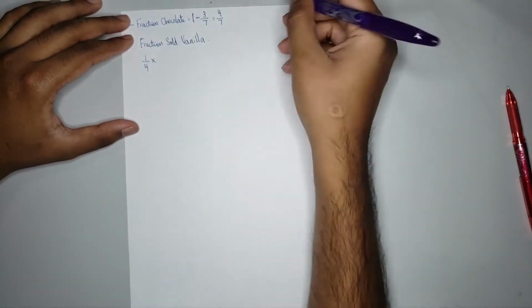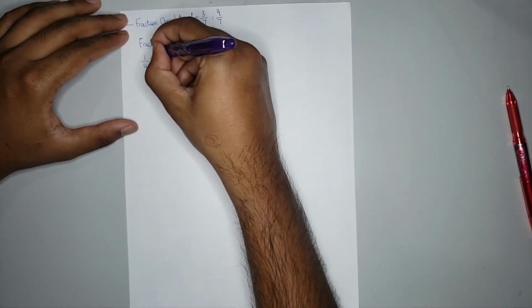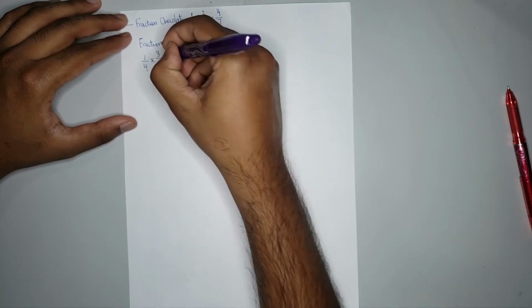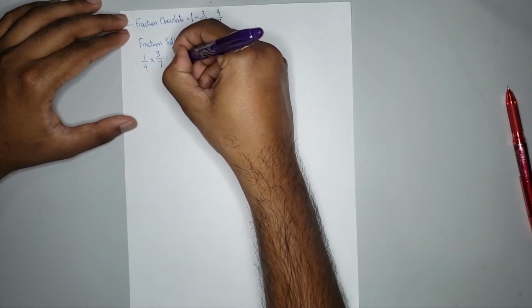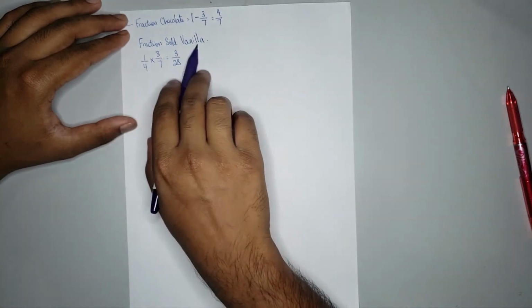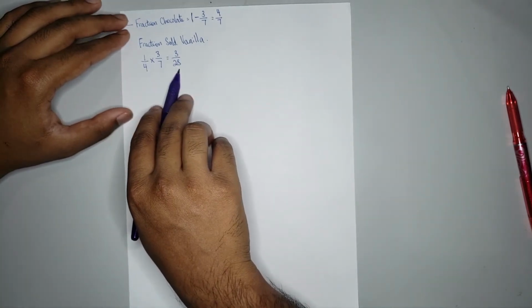Of means to multiply, and vanilla was 3/7. So that is equal to 3/28. Therefore the fraction sold for vanilla will be 3/28.